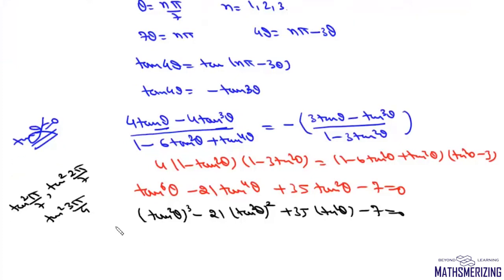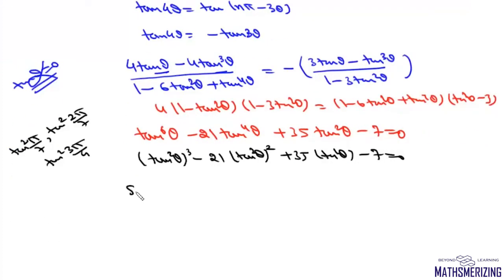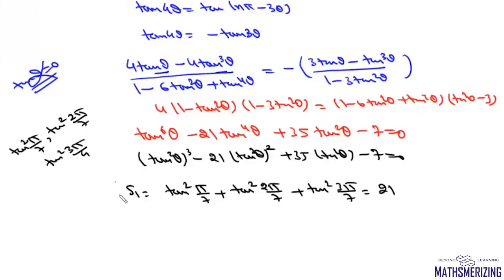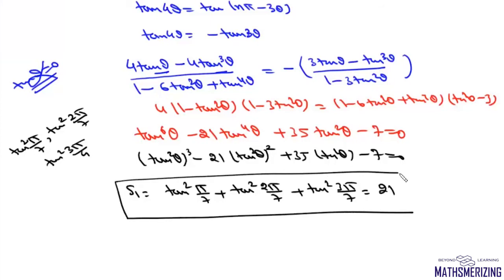Now we'll write the sum of roots. Sum of roots S1 will be tan square pi by 7 plus tan square 2 pi by 7 plus tan square 3 pi by 7, and it'll be equal to minus b upon a. So this result will be equal to 21.